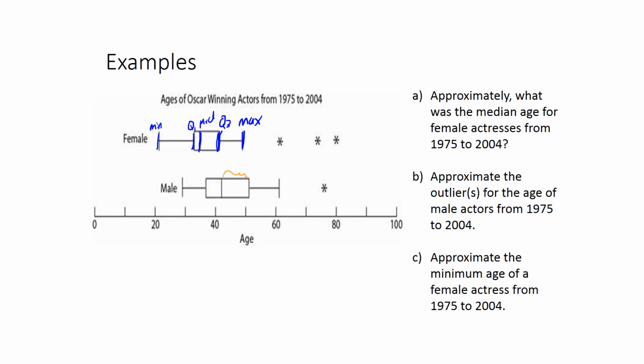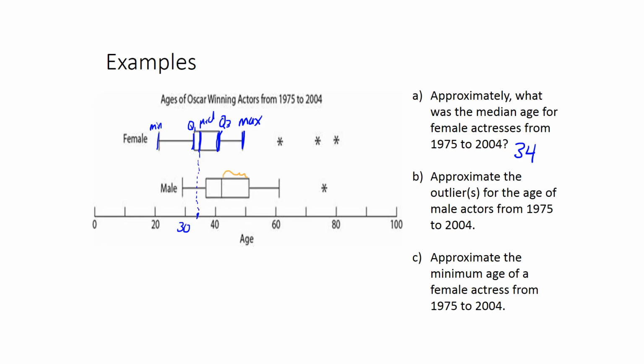If we want the median age, approximating for females, we look down at our axis where our median is. So maybe you want to say about 34, 35, somewhere around there. Anywhere between 33 and 35 would seem like a reasonable answer. Maybe even 35 looks a little bit better.